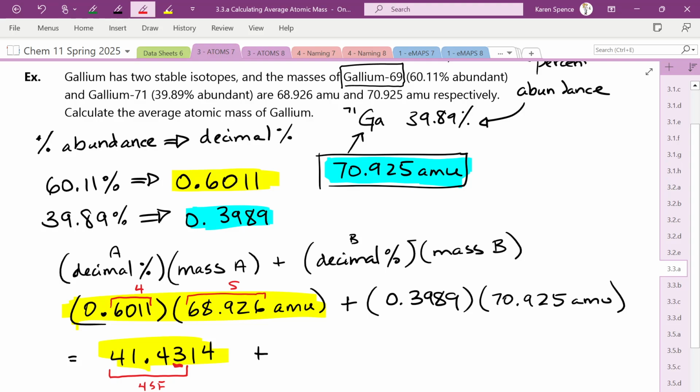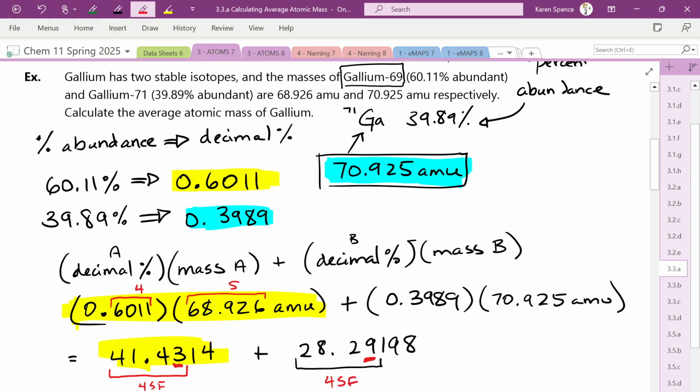Now we're going to do our other multiplication. 0.3989 times 70.925 equals 28.29198. That's irritating, but that's okay. And how many sig figs should I have there? I should have 4 sig figs, which means that I am now at my second decimal place.